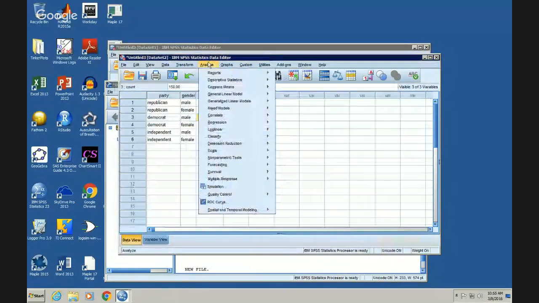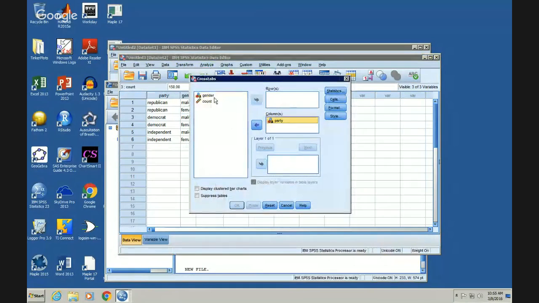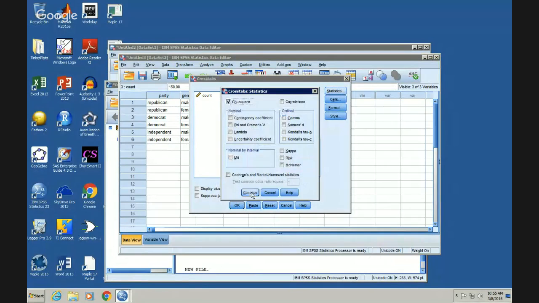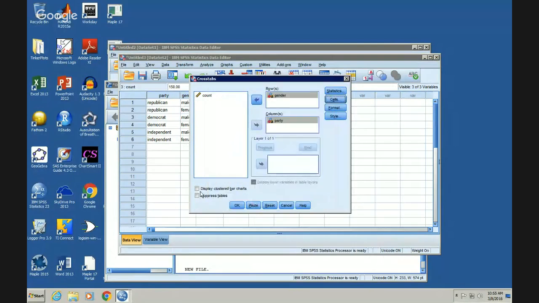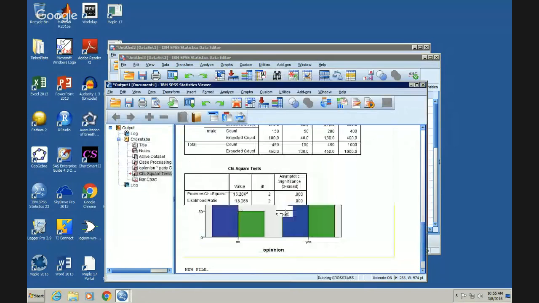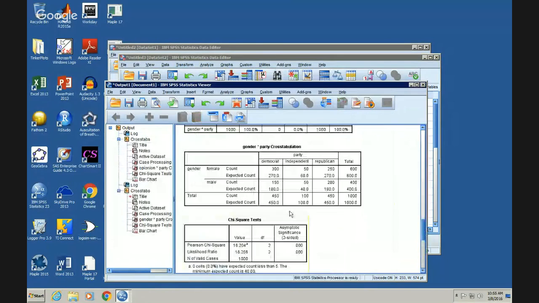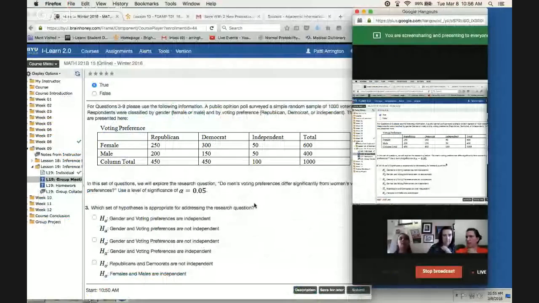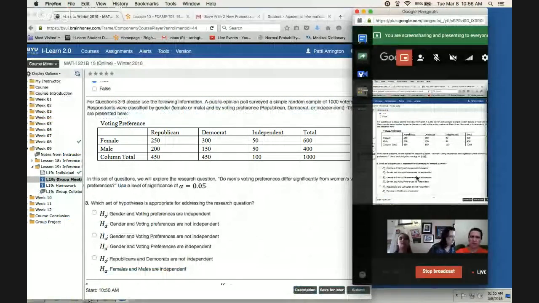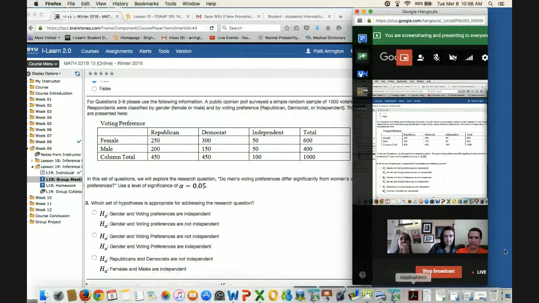And then we go to analyze, descriptive statistics, crosstabs. Okay. You do analyze, descriptive statistics and then crosstabs. Is that what you said? Yeah, analyze, descriptive statistics, crosstabs, and then once I got to crosstabs, I put everything in.